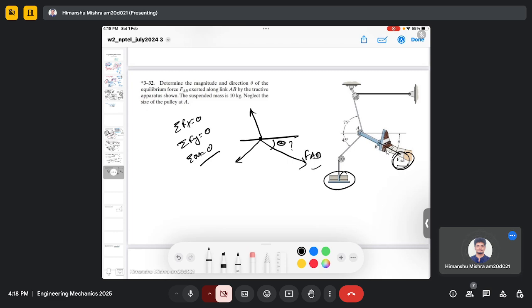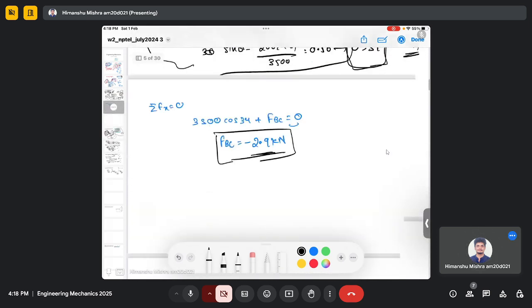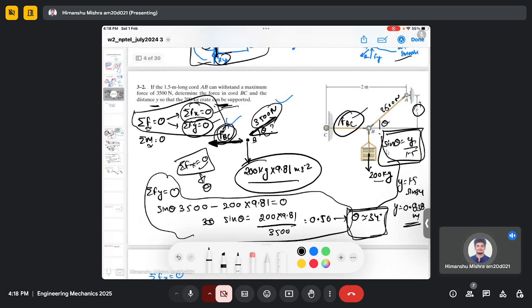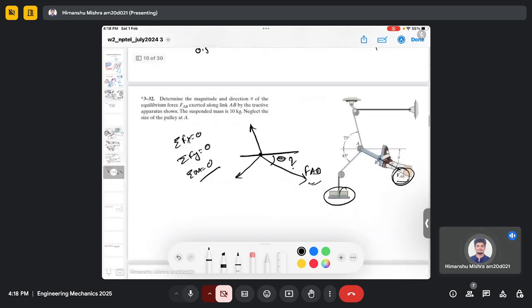In the first problem, in fact, we calculated the unknown theta and the unknown force using a similar principle. So this was the theta that we considered or calculated, and then we calculated the force at BC. So it's the same or a similar problem that you can try out.